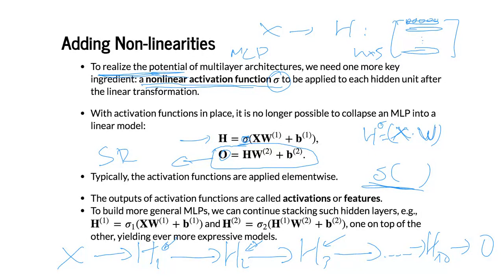But I do not apply sigma on the output, because the output is already made nonlinear by the softmax function. This is for classification; if I have regression, I don't apply anything. That's the only difference: I apply this function element-wise to these hidden matrices H.